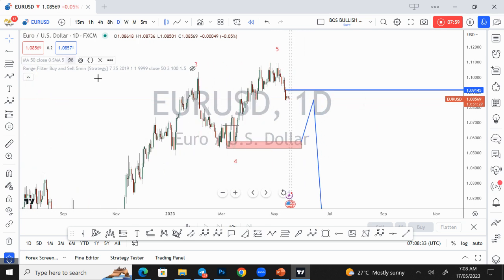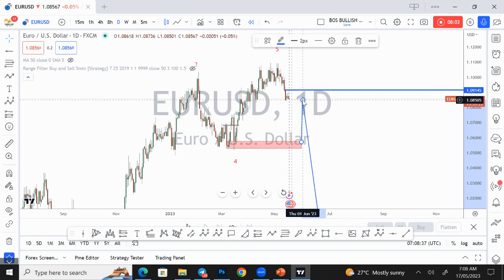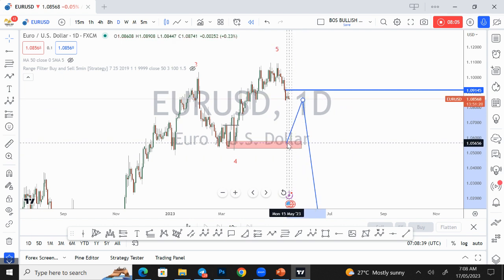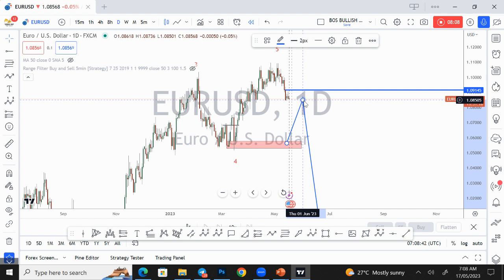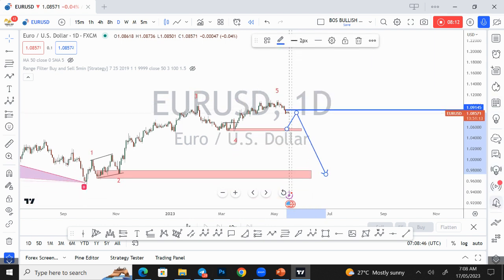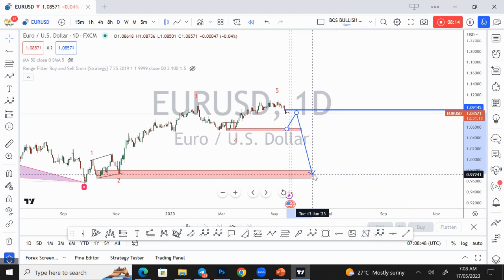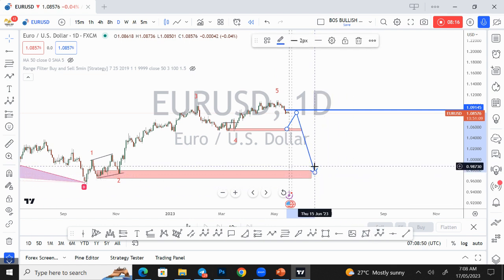So we should see the price fall all the way to this level. So that's our plan for Euro USD.